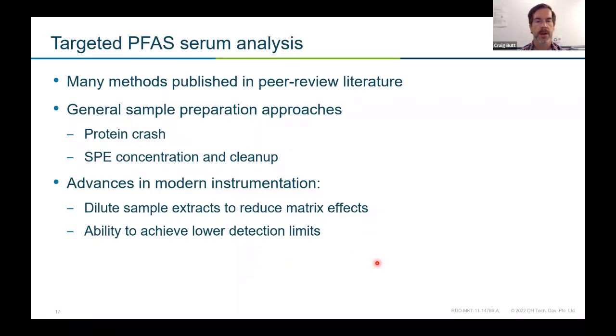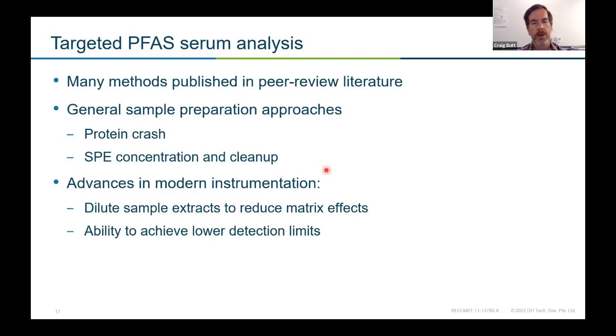Some of the techniques are your classical protein crash with methanol or acetonitrile, as well as using something like an SPE concentration step or cleanup step. So lots of techniques that we can use.